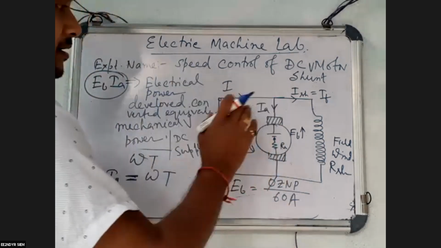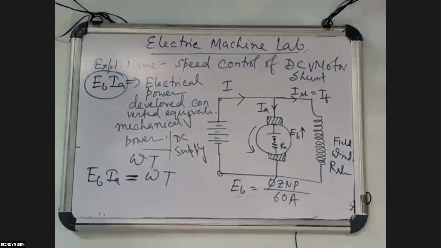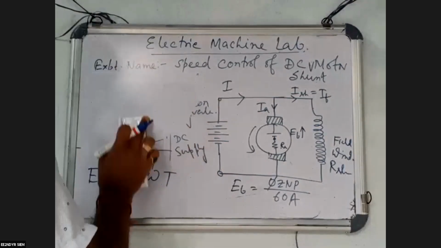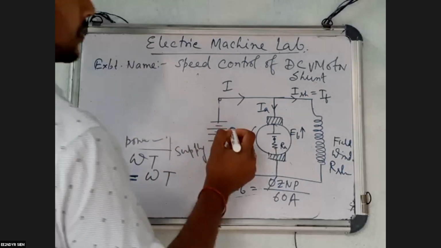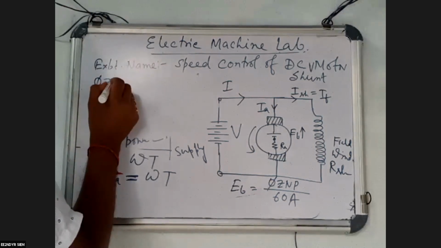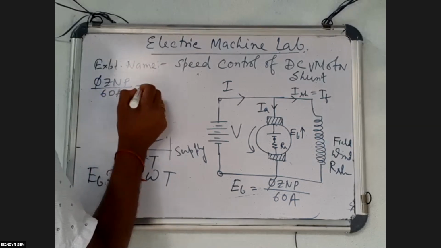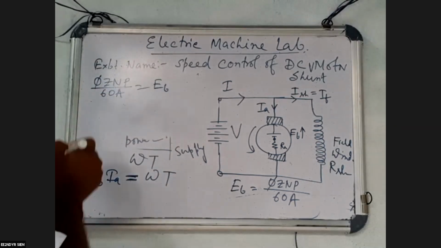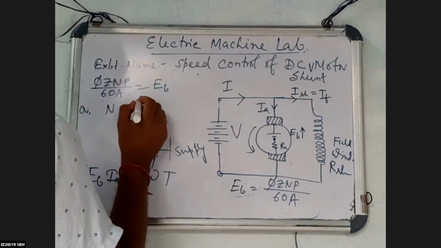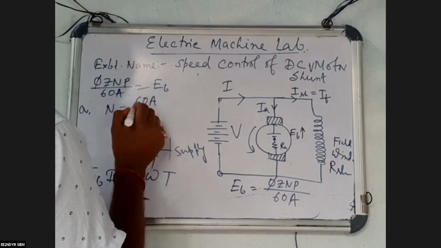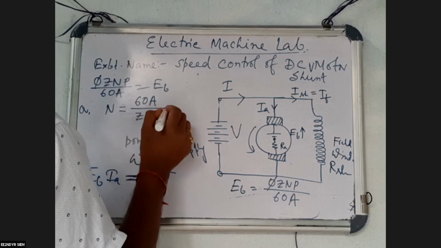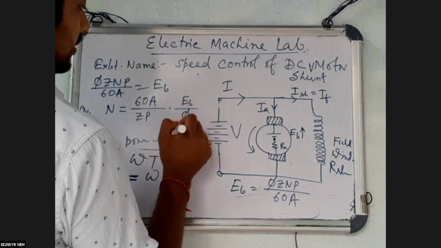And see, for controlling the speed, from this equation φZNP by 60A will be equal to EB, or can I write N equals 60 into A by Z into P into EB by φ.